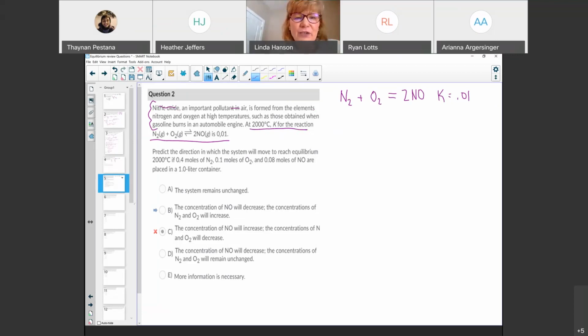Predict the direction in which the equilibrium will move to reach equilibrium at the same temperature if I place 0.4 moles of nitrogen in with 0.1 moles of oxygen and 0.08 moles of the NO. And this is all in a 1 liter container, so those are already molar units.